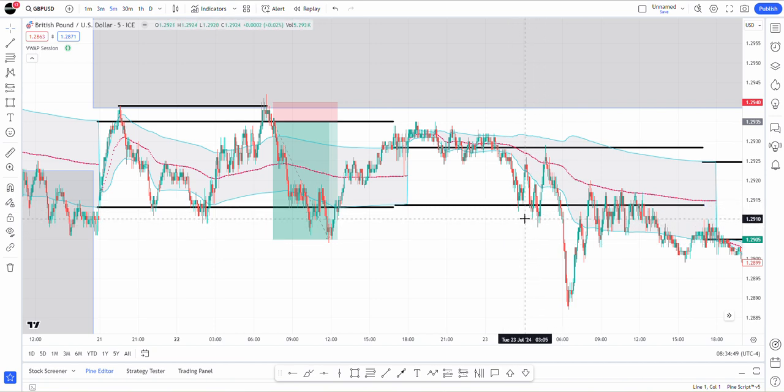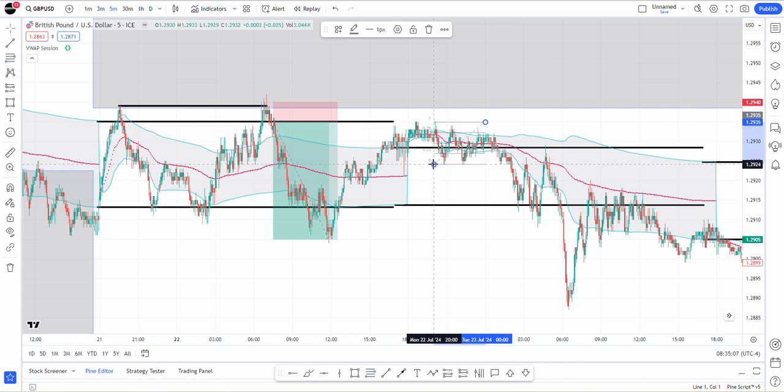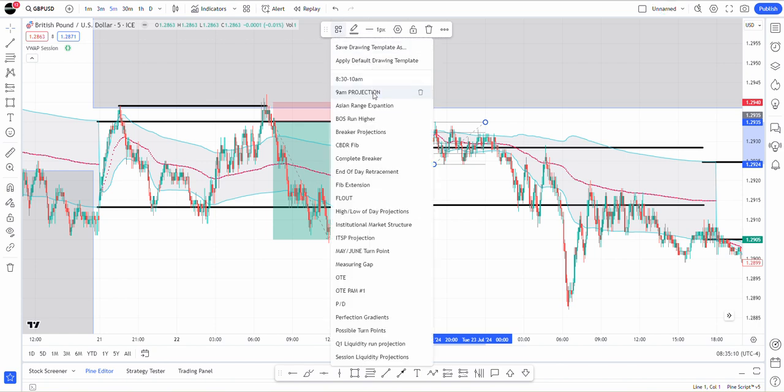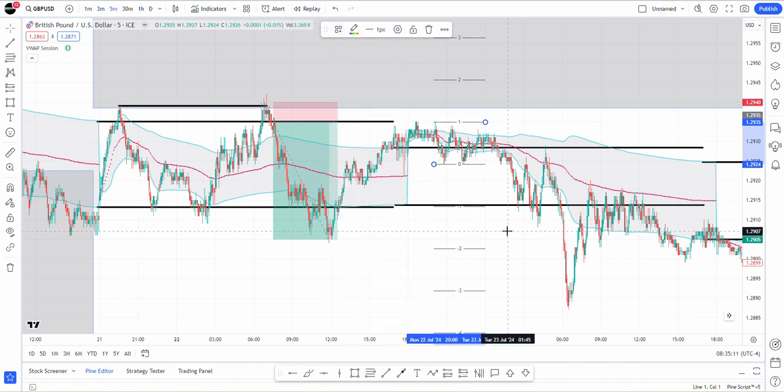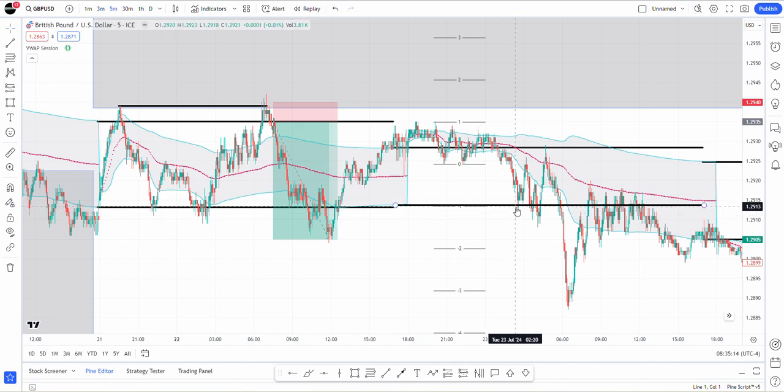Yeah, for instance, you could take this. Just do quick midnight to 8 p.m., to be about there. Yeah, that's 8 p.m. Recent range expansion on the level.